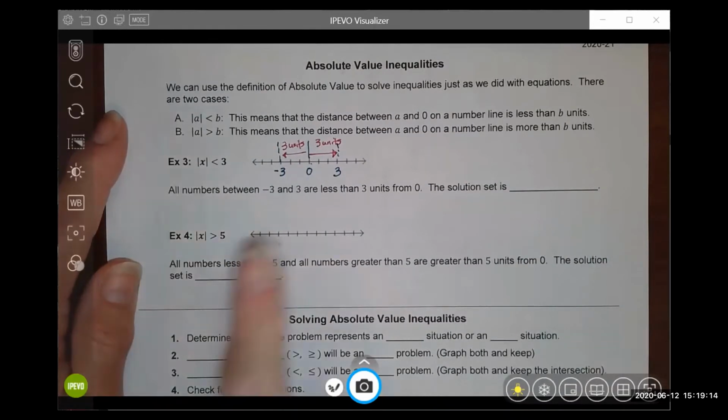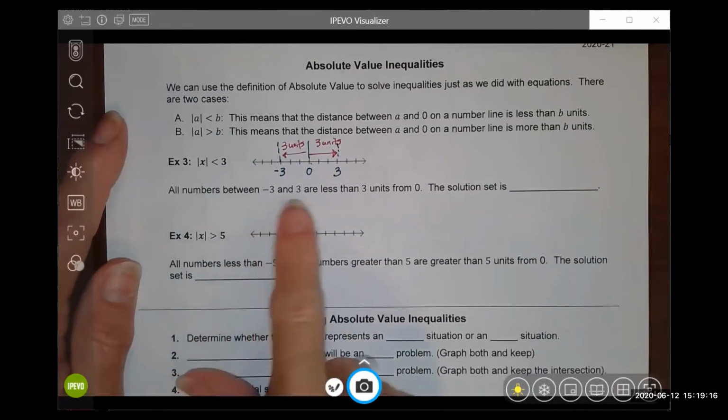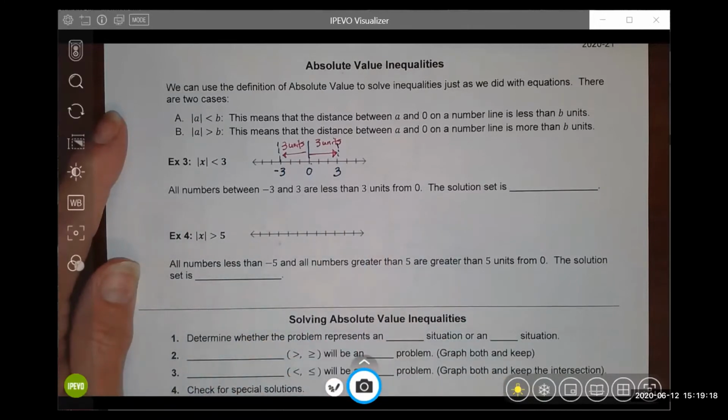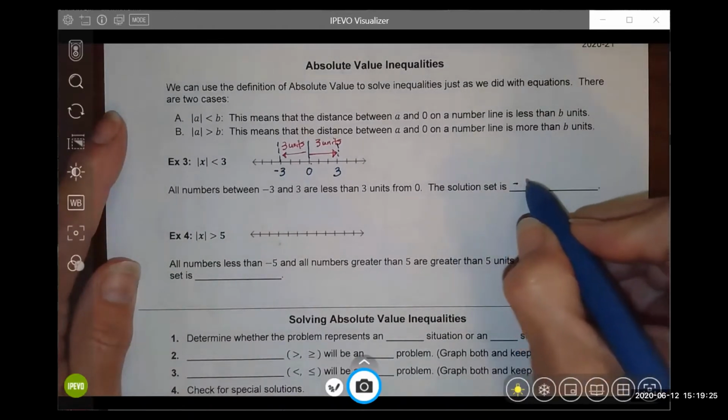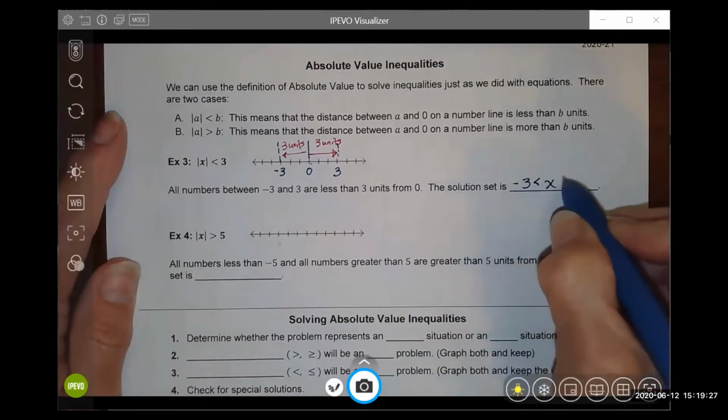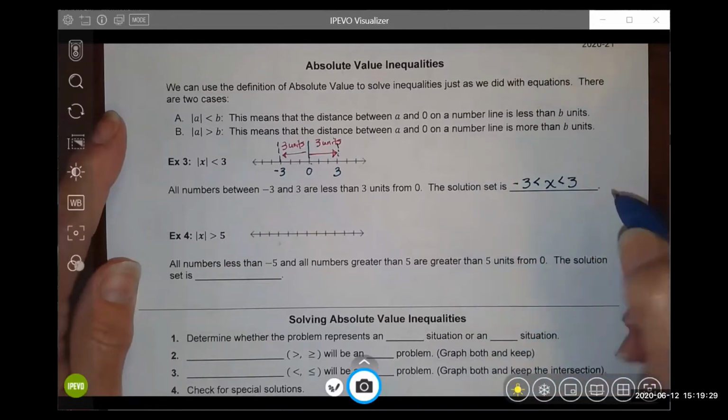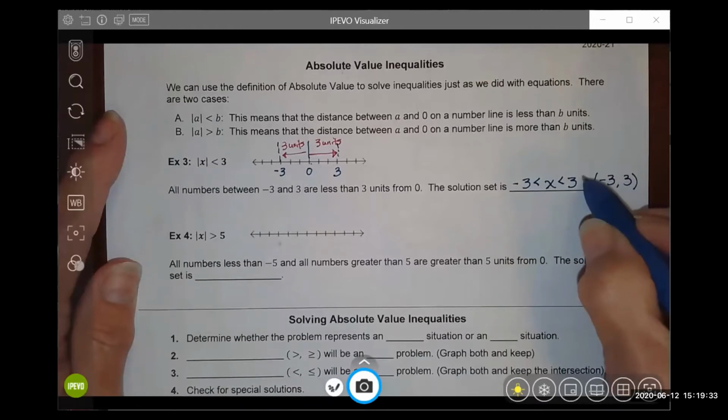Okay, so that's what it means. All numbers between -3 and 3 are going to be less than 3 units away from 0. And if I write that as a solution set, I would just write something like -3 is less than x, which is less than 3. Or if you wanted to, you could use interval notation and write it like this.